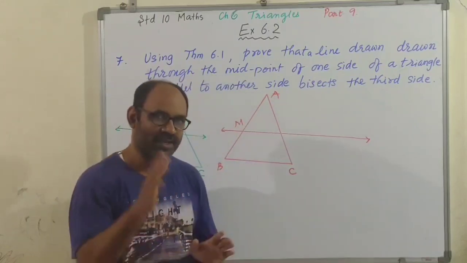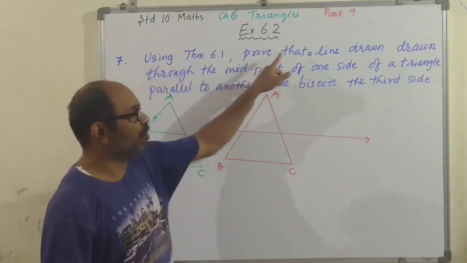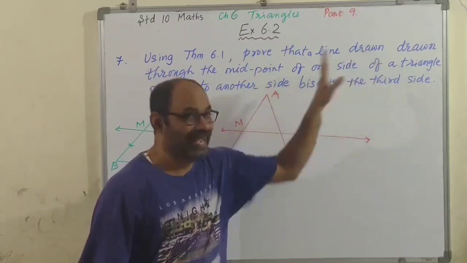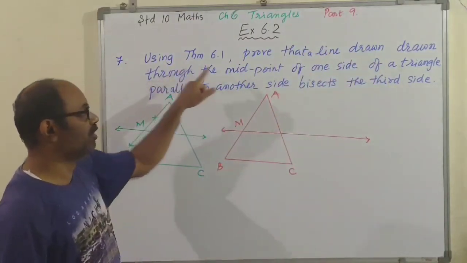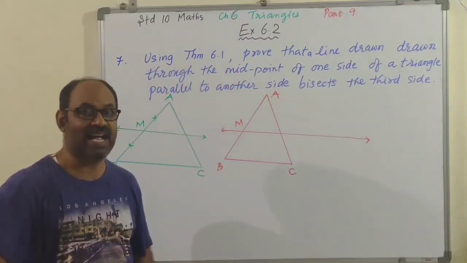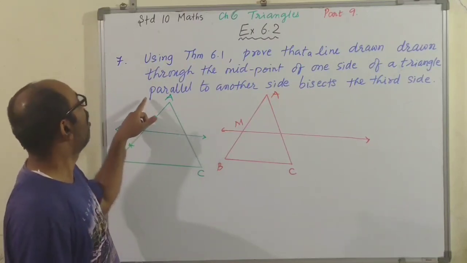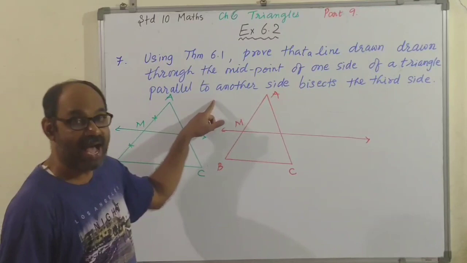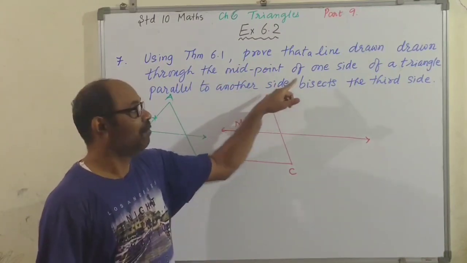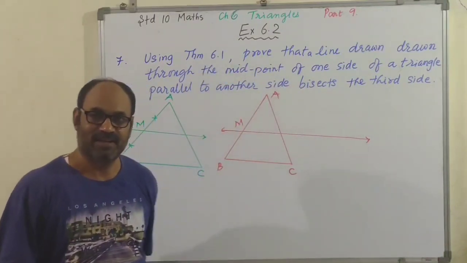Take it. Prove that a line drawn through the midpoint of one side of a triangle and parallel to another side bisects the third side.